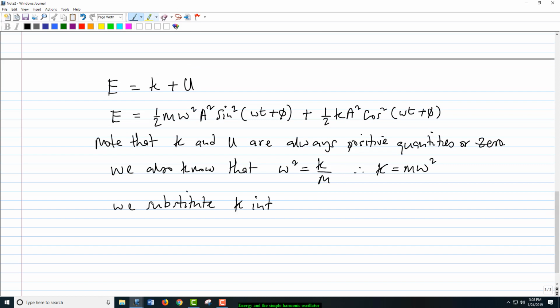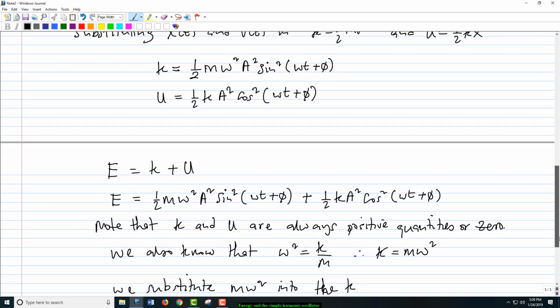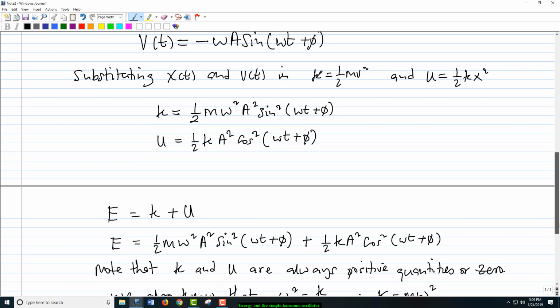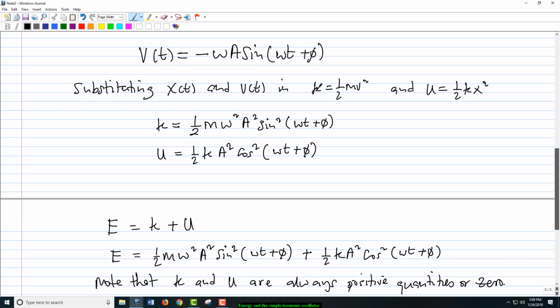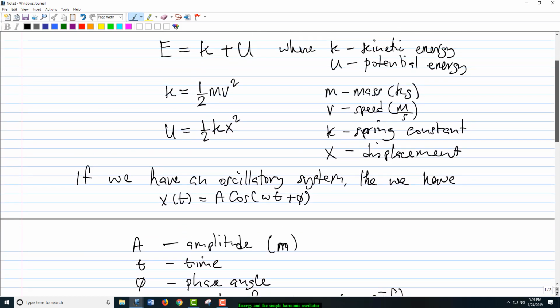So we substitute m omega squared into the kinetic energy formula. And my notation here, I think I'm using a notation which is not very good because I'm using the same K for different things. So let me write it this way. Let me make sure that you know that the K I'm referring to in this formula is different.